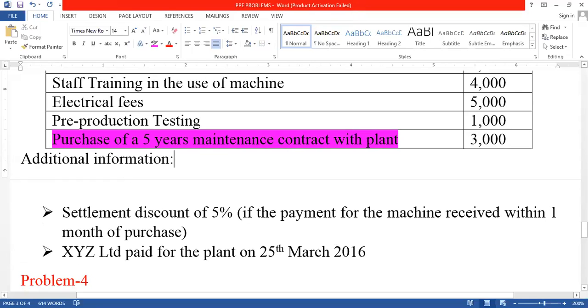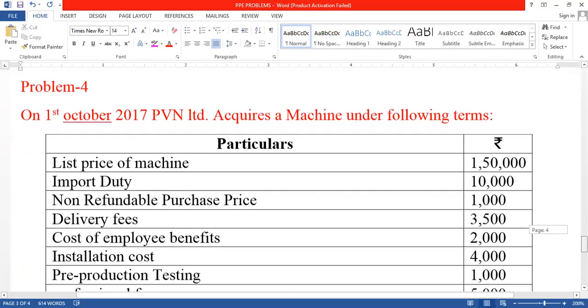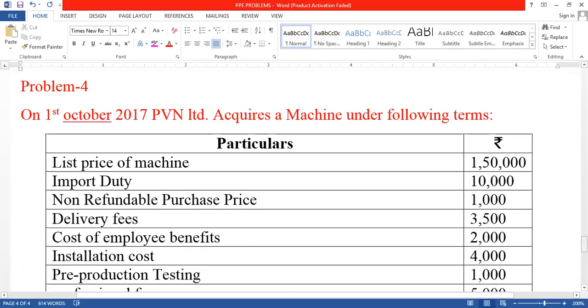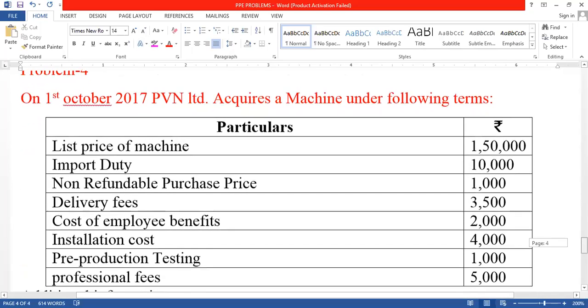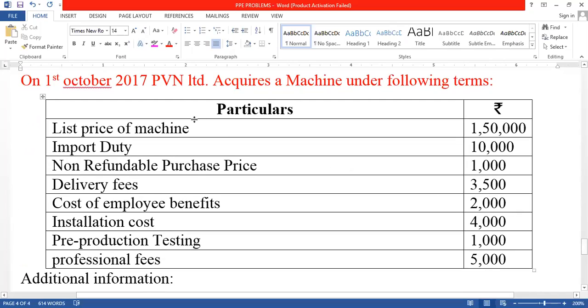After this, the next is the fourth problem. See the fourth problem: 1st October 2017, PVN Limited acquires a machine under the following terms. List price of the machine, nothing but the purchase price. Import duty, add it. Non-refundable purchase price, add it. Delivery fees, add it. Cost of employee benefit, add it.